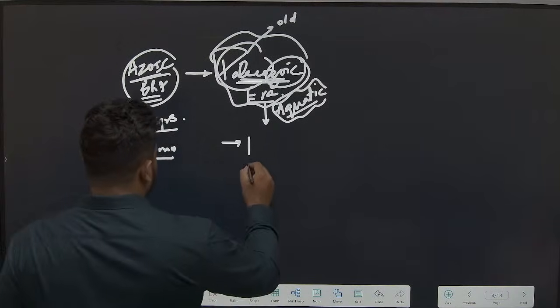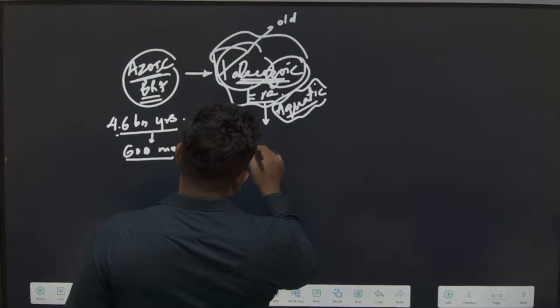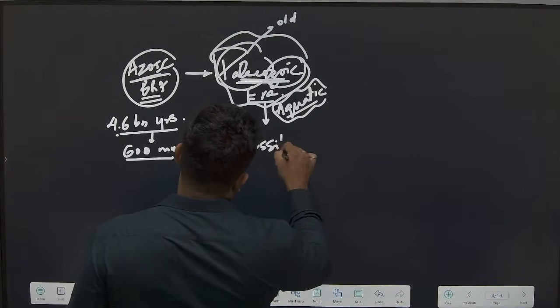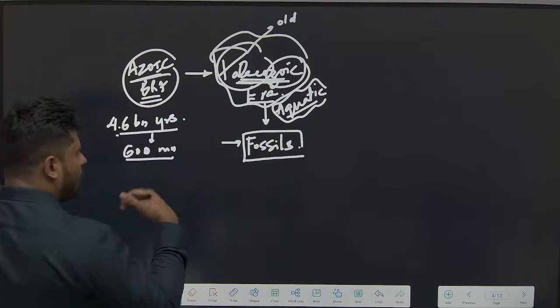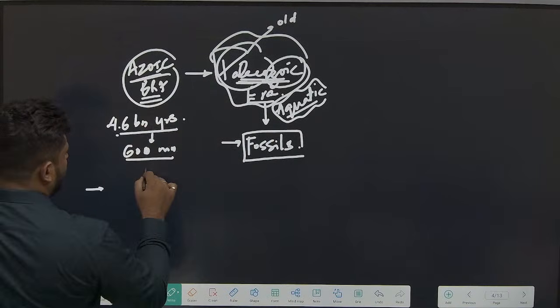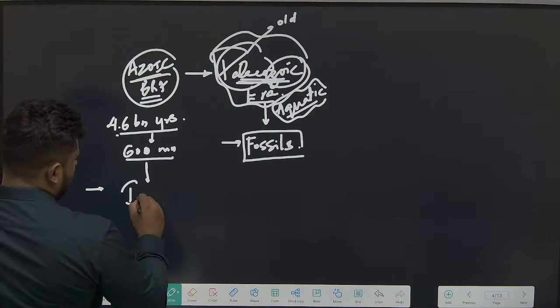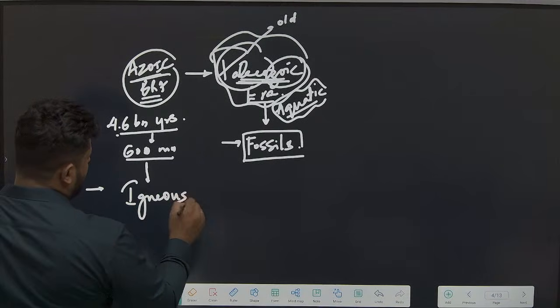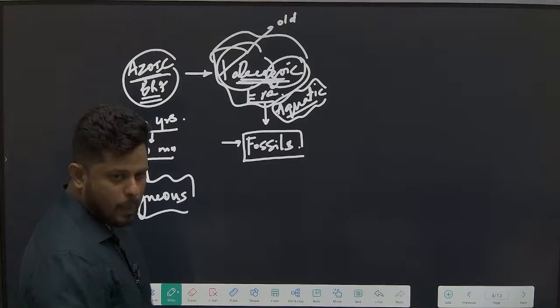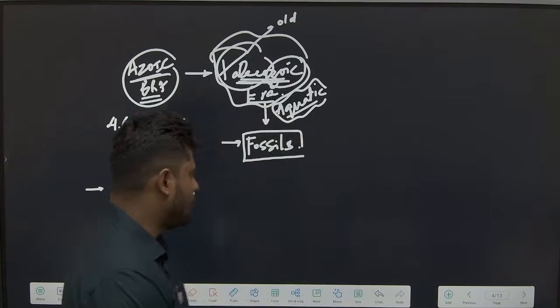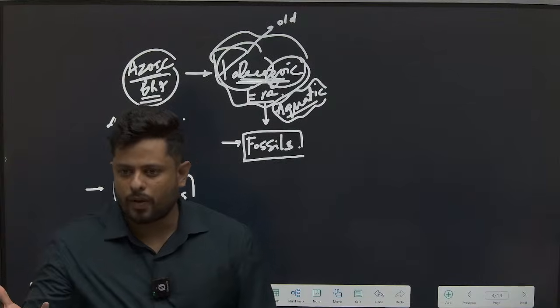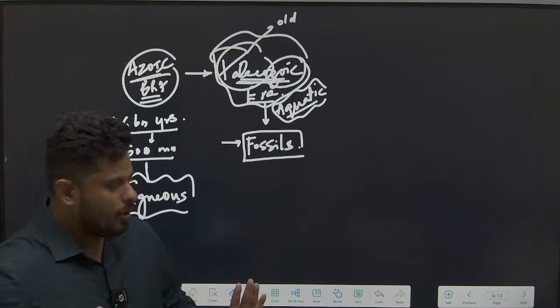Paleozoic era, definitely there will be fossils. And can I say, the type of the rocks that are developed over here, what are they? If you are aware about the types of the rocks, there are 3 types of rock: igneous, sedimentary and metamorphic. So cooled and solidified rock is what we call igneous rock.